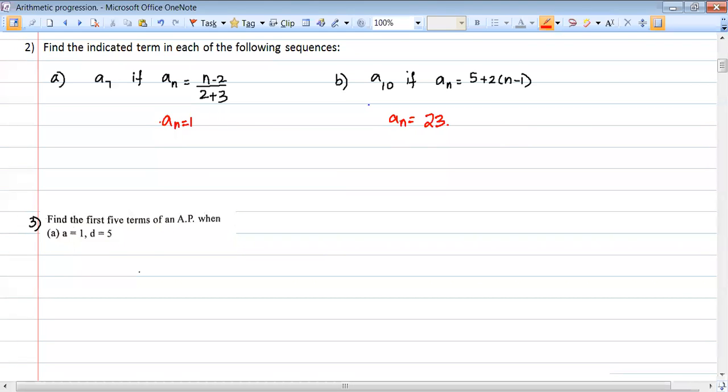A10 is equal to 23. A7 is equal to 1 and A10 is equal to 23. Very good. Now you can start to find out the answer for question number 3. Start to do it, question number 3.